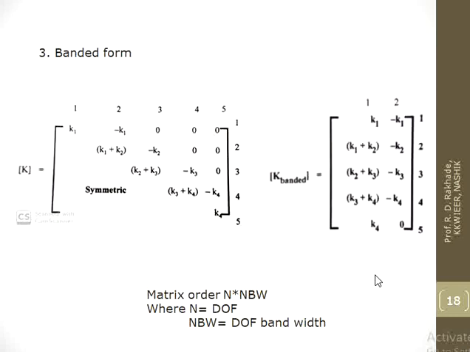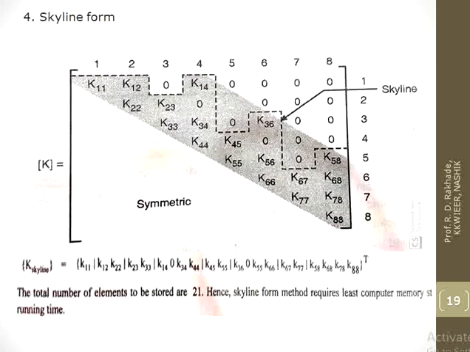In the first case we require 25, in the second case 15, in the third case 10. So the generalized formula is n into nbw, where n is the degrees of freedom, that is the number of nodes, and nbw is the bandwidth. Last form, that is skyline form.